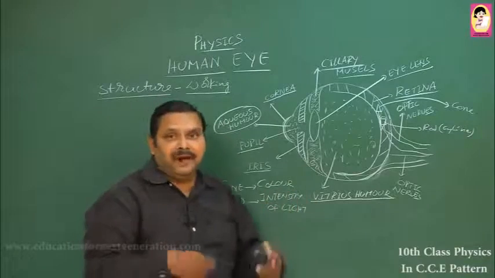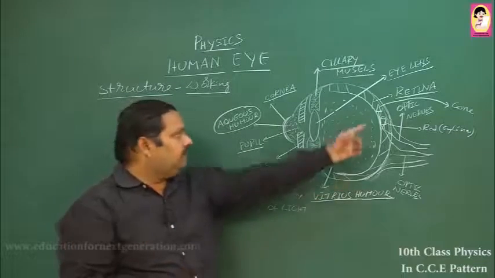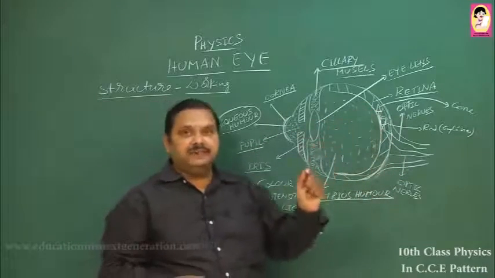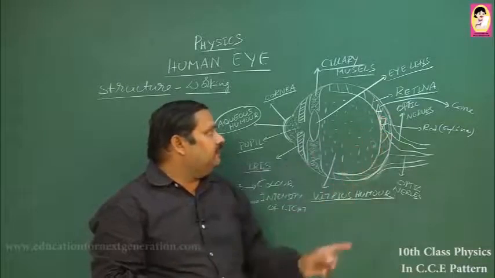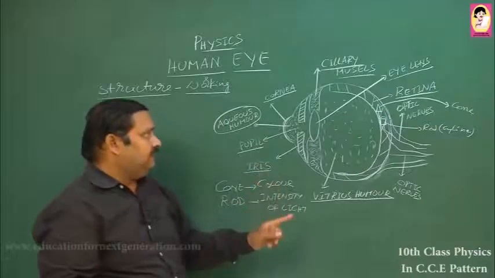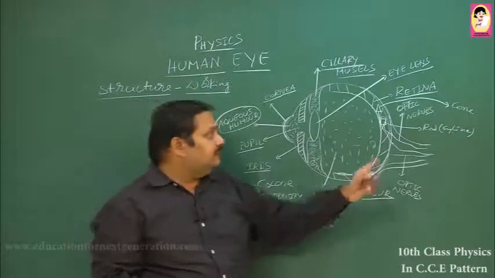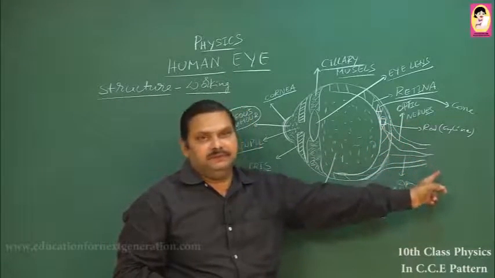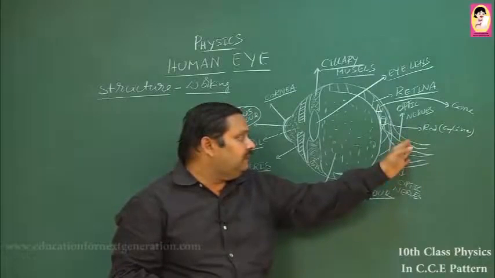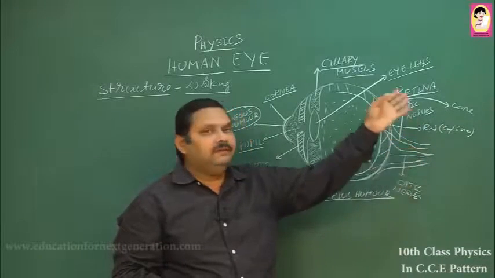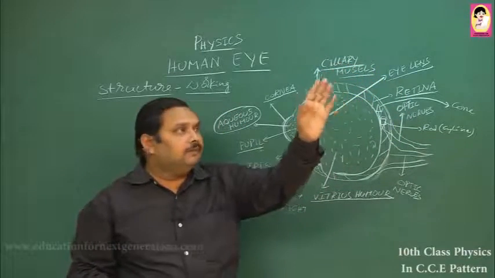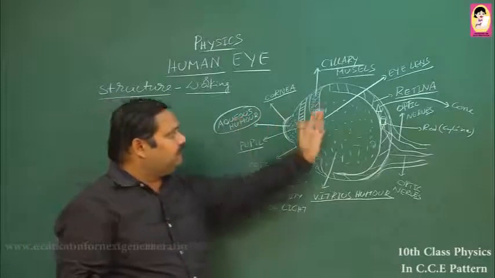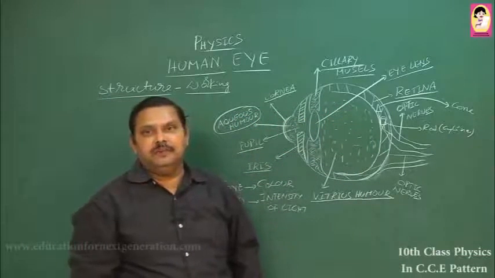We can distinguish bright light and dim light with the help of the rod cells. So, basically cones and rods are optically sensitive cells, and they convert the optical signals into electrical signals. The electrical signals are sent to the brain with the help of the optic nerves, and the brain interprets the object. So, this is the mechanism involved in the functioning of the human eye.